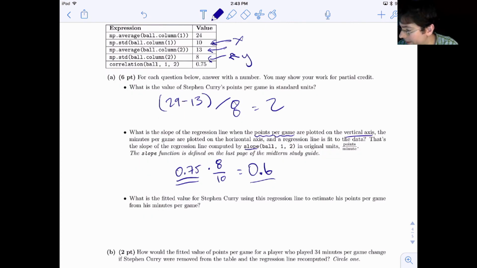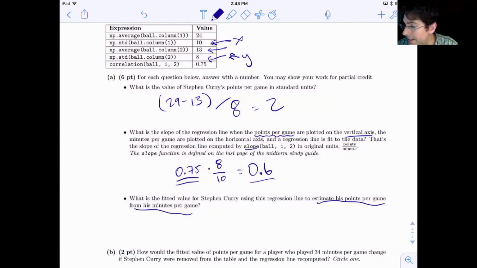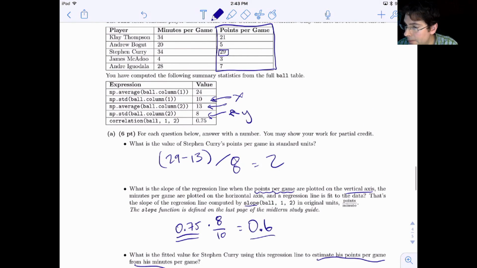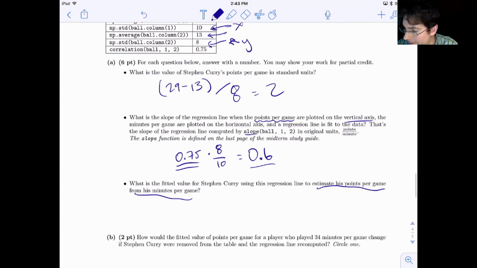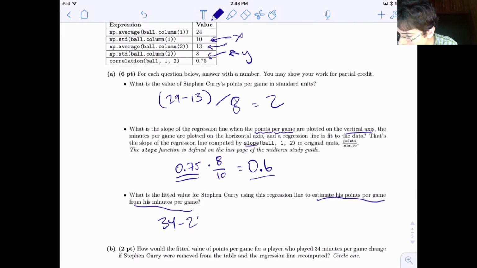Okay, so here we're trying to estimate the points per game from the minutes per game. One way to do that is to take Steph Curry's minutes per game and convert it to standard units. So minutes per game is 34, minus the average minutes per game, which is 24, divided by the standard deviation of minutes per game, which is 10. Okay, so now we have that in standard units.